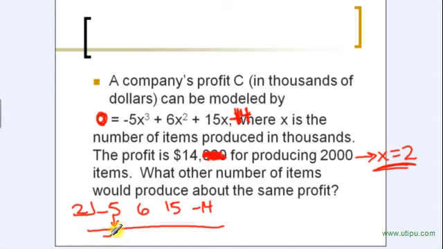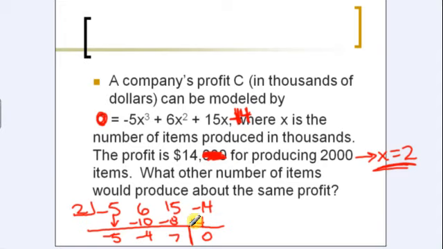And again, process: add, multiply, add, multiply, add, multiply, and we do get a remainder of 0, showing us that for 2,000 units, it is going to be a profit of exactly $14,000.